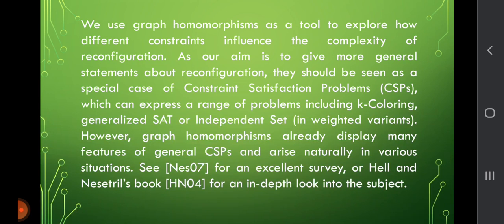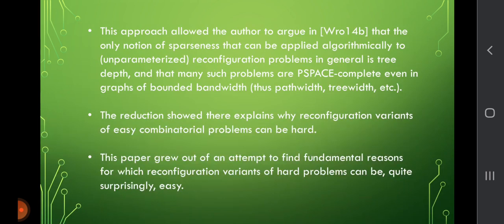However, graph homomorphisms already display many features of general CSPs and arise naturally in various situations. For an excellent survey, see Hell and Nešetřil's book for an in-depth look into the subject.